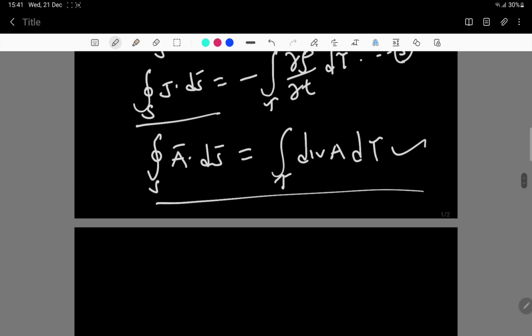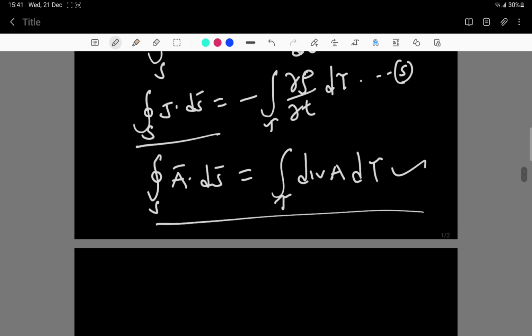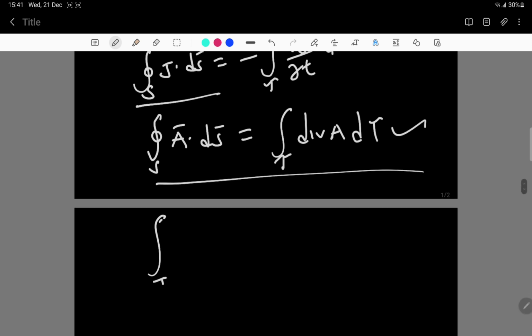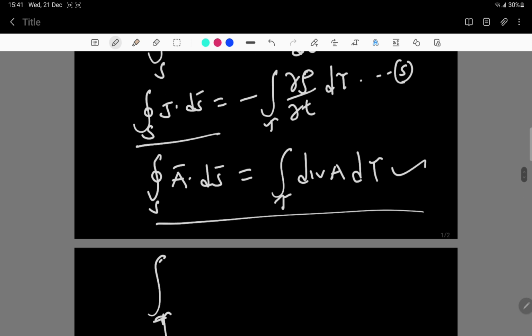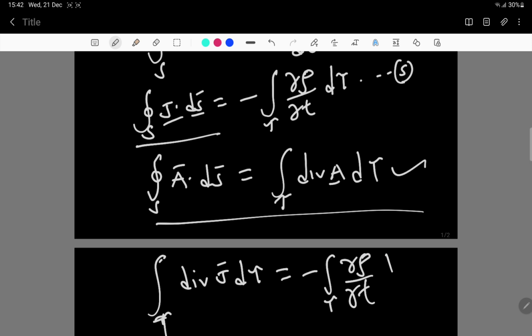Therefore, we have the volume integral of divergence of A. In this case, we don't use A, we use the divergence of J. Instead of ds, we use the volume element, equals minus the integral of partial rho partial t, then we have the volume element.